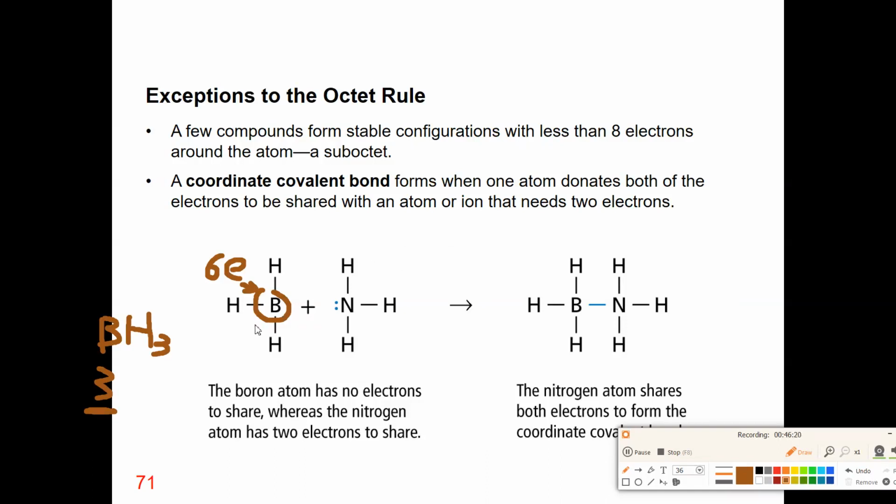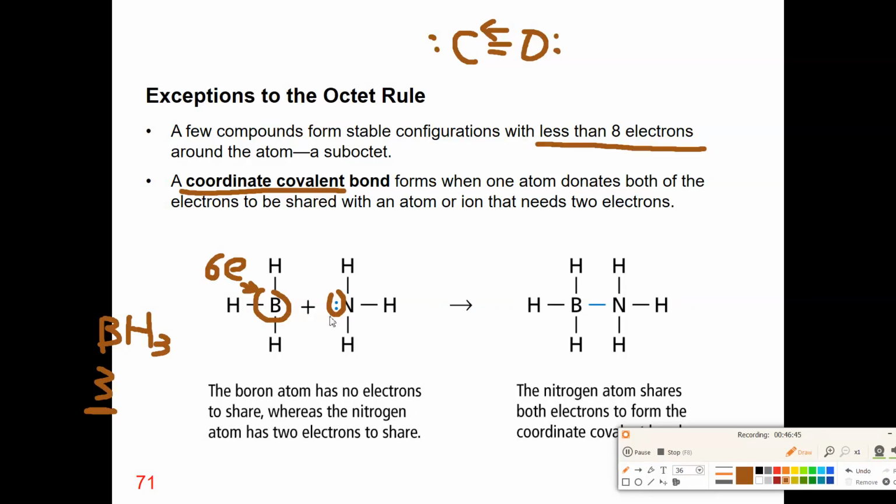So if we have a structure with an incomplete octet, less than 8 electrons, and another structure with a lone pair of electrons, they can form a coordinate covalent bond. Remember, I talked about coordinate bonds in carbon monoxide.